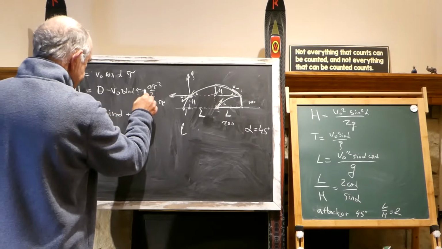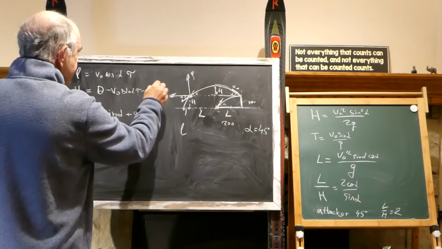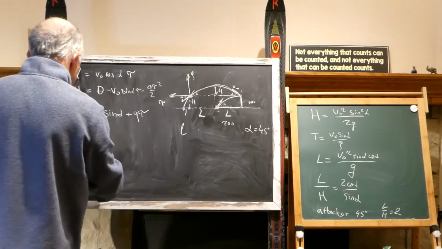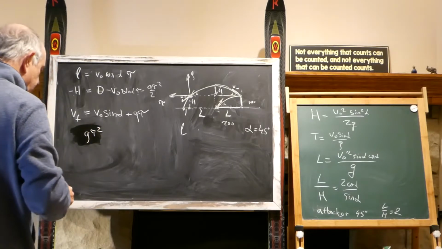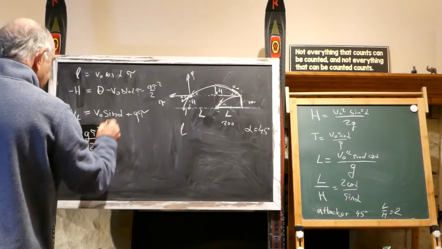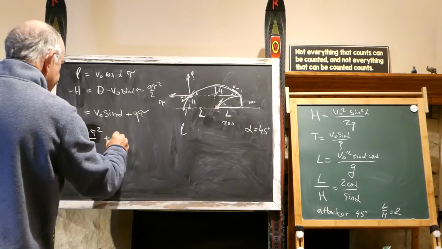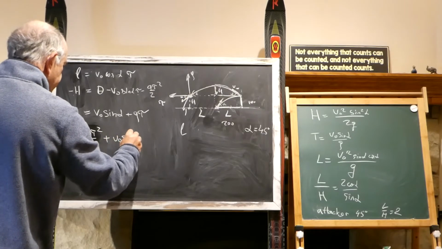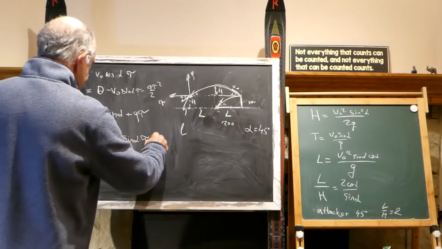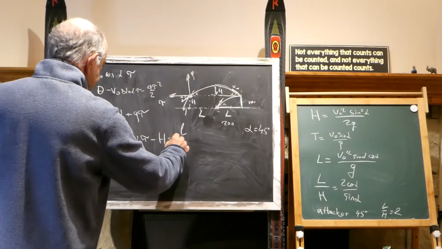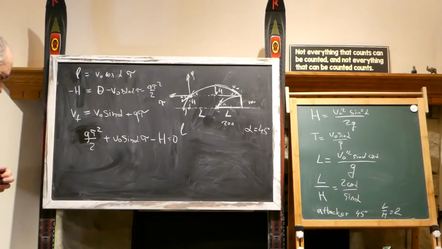Tau is squared, so let's move it to the positive side, and let's say g tau squared over 2, plus v0 sine alpha multiplied by tau, minus h, equals 0.